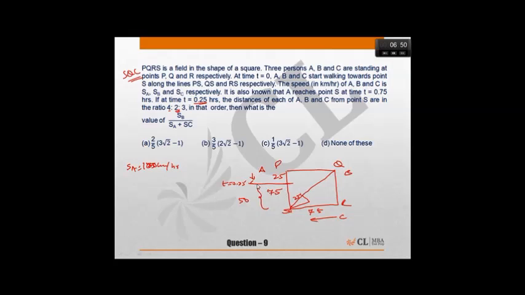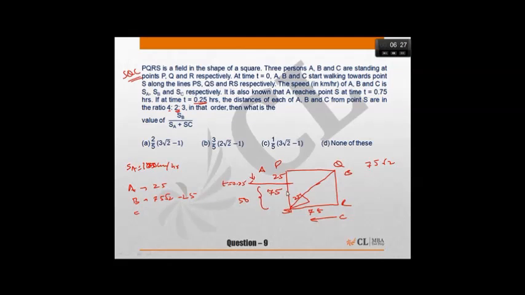If this side is 75, the diagonal will be 75 root 2. So in the time in which A has covered 25, B has covered 75 root 2 minus 25, and what about C?